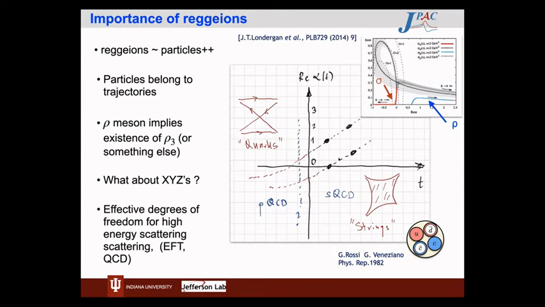Now, if you go to the positive values of t, then indeed, whenever a trajectory crosses an integer number, the reggelon becomes a real particle. So again, how the Regge trajectories behave is telling us much more about the spectrum of QCD and what makes that spectrum than just looking at individual hadrons one by one.